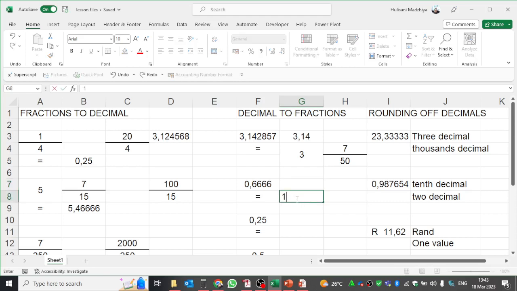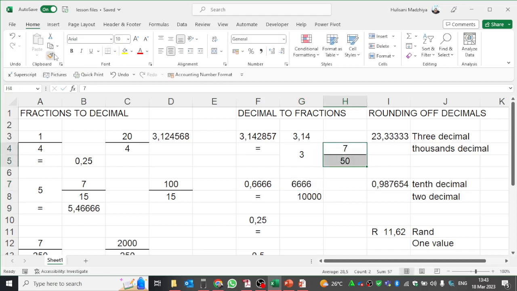So this is equivalent to 6,666 over 1,000. If you go and calculate this, it will give you 0,6666, and this can actually be simplified as well, so you can simplify this and get a different figure.